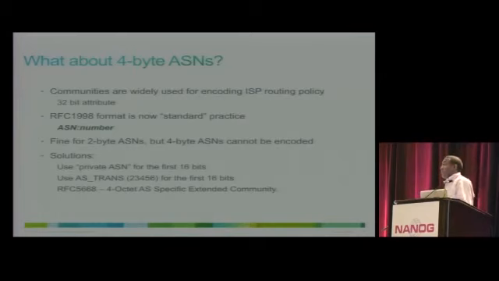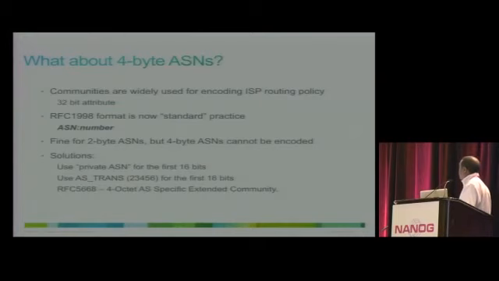So if it's a 32-bit community, how can you use it with a 4-octet ASN? If you have a 4-octet ASN, what should be the first octets for the community attribute? There are different solutions. One of them is to just use a private ASN number instead of a 4-octet ASN number or a 2-octet ASN number.